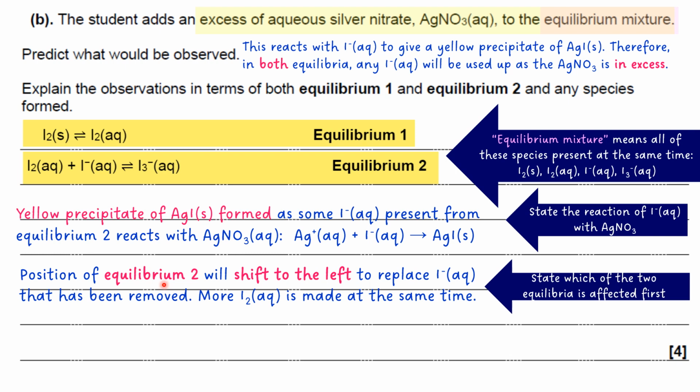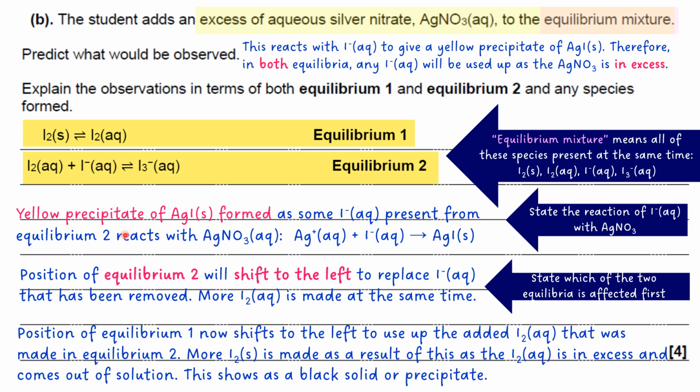Now, because I'm making more I2, I'm increasing the amount of I2 in concentration here. And Le Chatelier's principle would suggest that equilibrium 1 would also shift to try and oppose that somehow. So what's going to happen is more iodine as a solid is going to be made. So position of equilibrium 1 will also now shift to the left to use up the added I2 that was made in equilibrium 2.